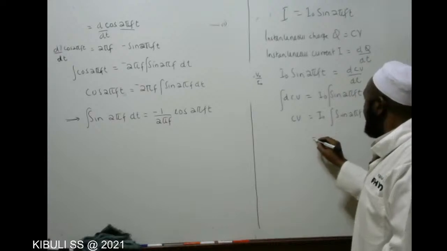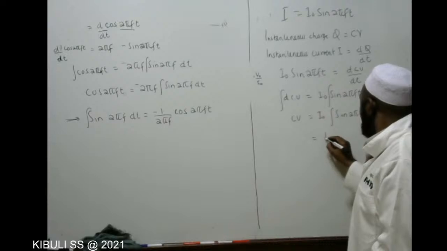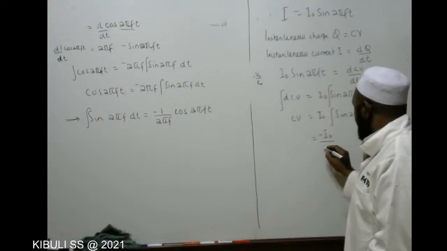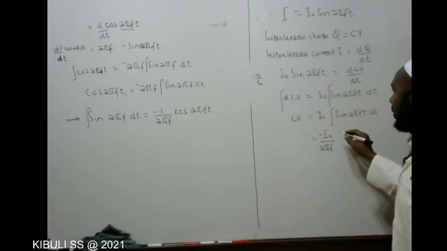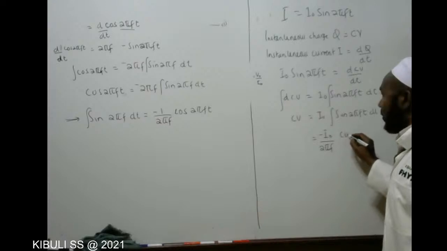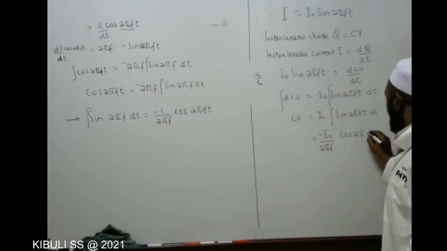So we are going to be having, therefore, I naught divided by 2 pi f, and the whole of this one we are now going to be using cos 2 pi ft.